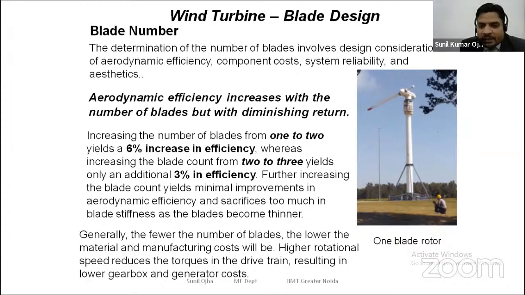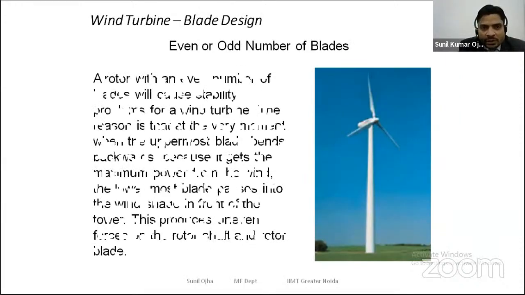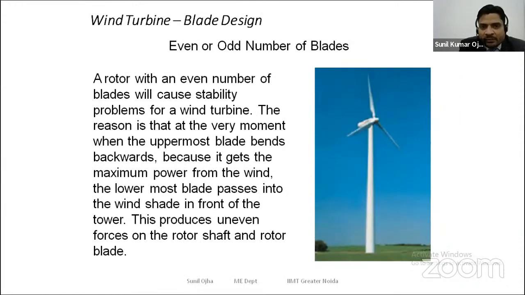Generally, we use a fewer number of blades. The lower the material and manufacturing cost, the higher the rotational speed, which reduces the torque in the drivetrain, resulting in lower gearbox cost. Even so, should it be an even or odd number of blades? A rotor with an even number of blades, meaning 2, 4, or 6, causes a stability problem in the wind turbine.